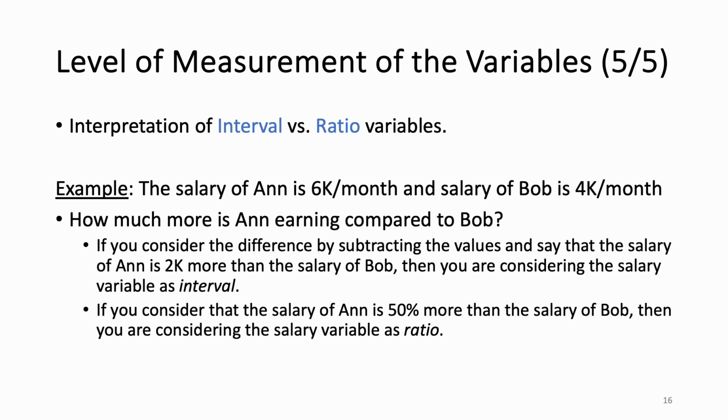On the other hand, if you consider that the salary of Anne is 50% more than the salary of Bob, then you are considering the salary as a ratio variable. So it's the way that you interpret these variables in your context that will define the type of the variables that you are going to use.